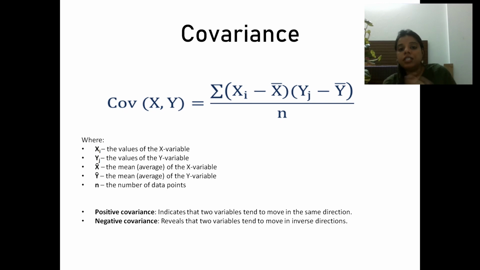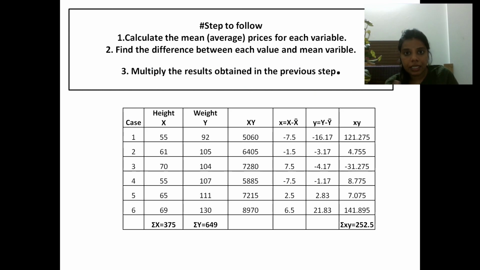Covariance is the sum of the product of x and y, where x is the deviation from the mean of x, and y is the deviation from the mean of y, divided by n. We have 2 or 3 formulas, and I am explaining one here.